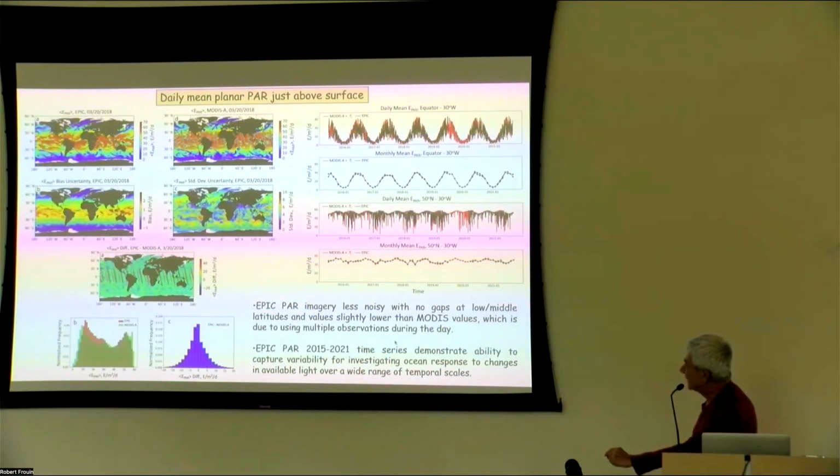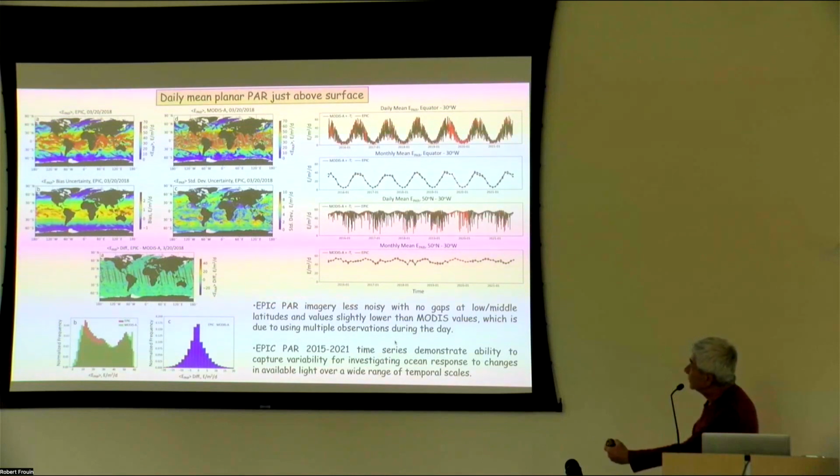There is maybe a slight bias, slightly lower values with the EPIC PAR. And this could be due to the fact that when you observe at the middle of the day, oftentimes you have fewer clouds, so this tends to make the MODIS products a little bit higher, I would say.